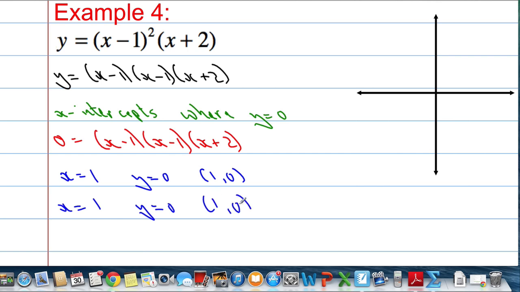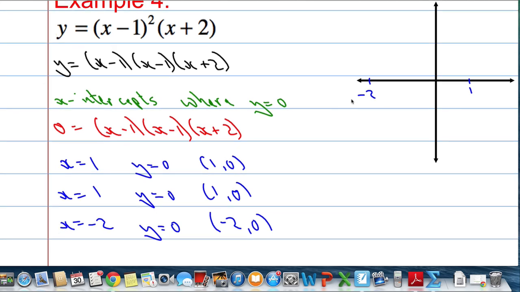We have a repeated root. And when x equals -2, y would equal 0, so we get (-2, 0). Let's get these onto our sketch. So when x is 1, y is 0, and when x is -2, y will equal 0.